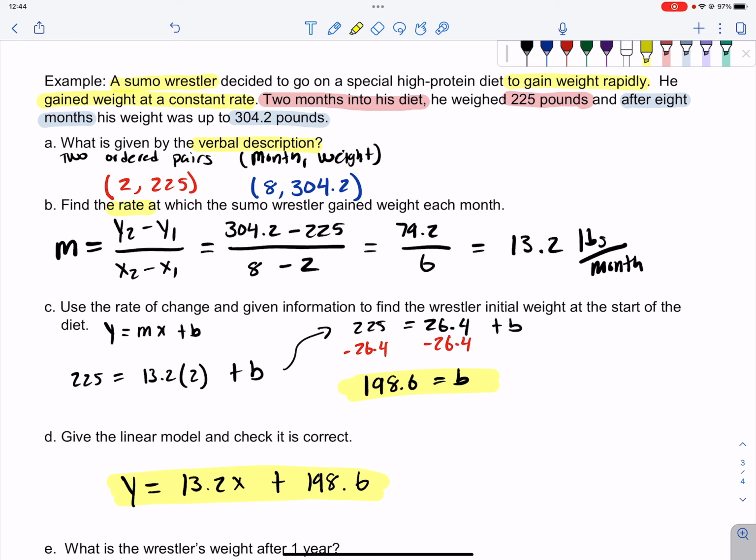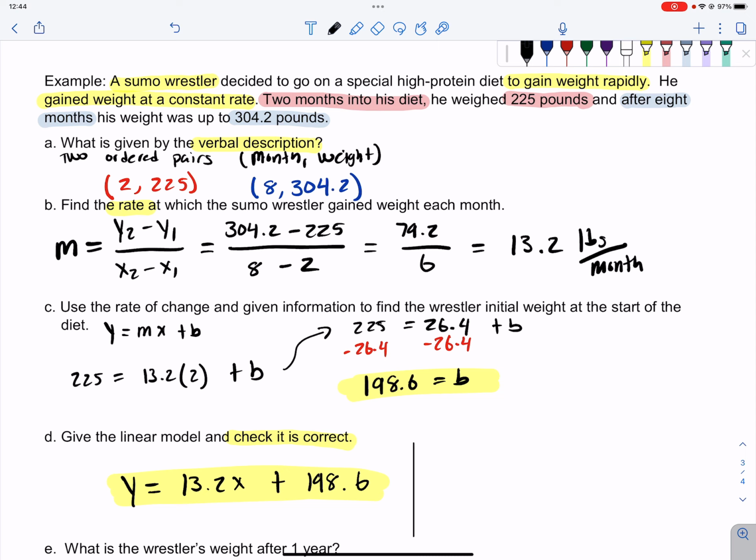And then with this, the nice thing we can do to check is, since we were given 2 points, we can verify this a little bit better than what we did in the last example. We can verify it by using the other point to make sure that both sides of our equation stay equal to each other.